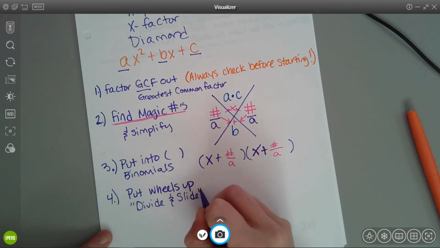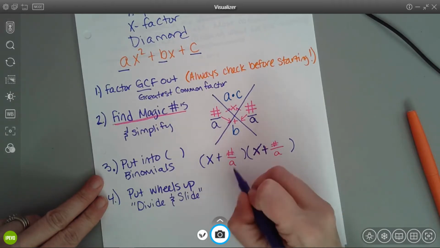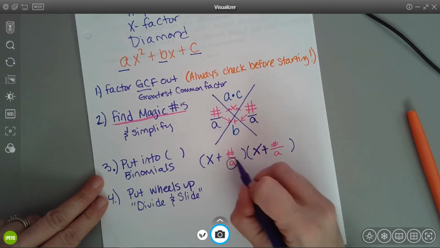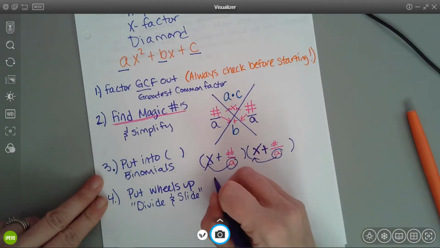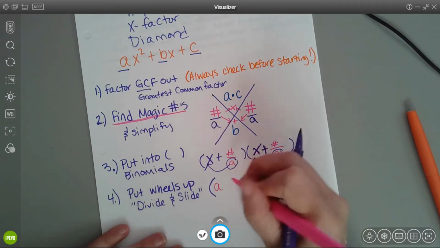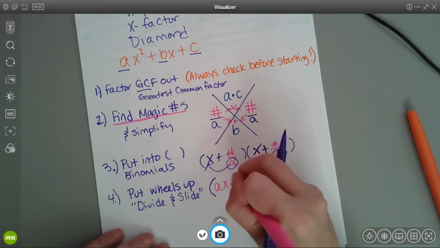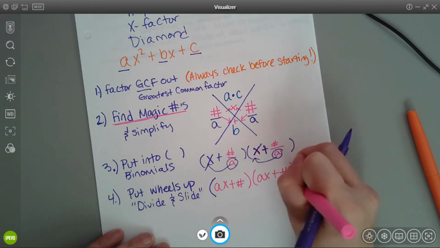There's lots of ways that we call it. It's all the same thing. We are going to take this A term once we've simplified and bring the wheels up so we can fly. And what we end up with for our final answer is AX plus our magic number times AX plus our magic number.